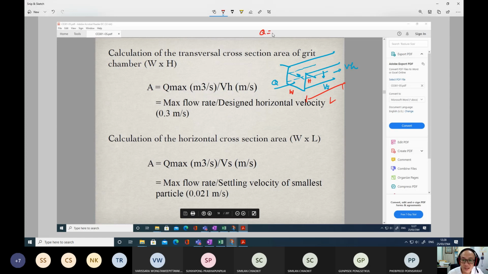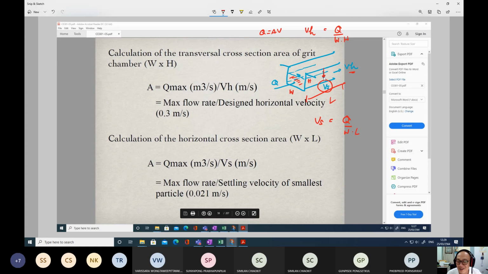So based on Q equal to AV, considering the horizontal velocity, the horizontal velocity will be equal to Q divided by the perpendicular area, which is W into H. Considering the settling velocity, as Q is equal to AV, if we are taking the settling velocity, the perpendicular area should be W into L, right?